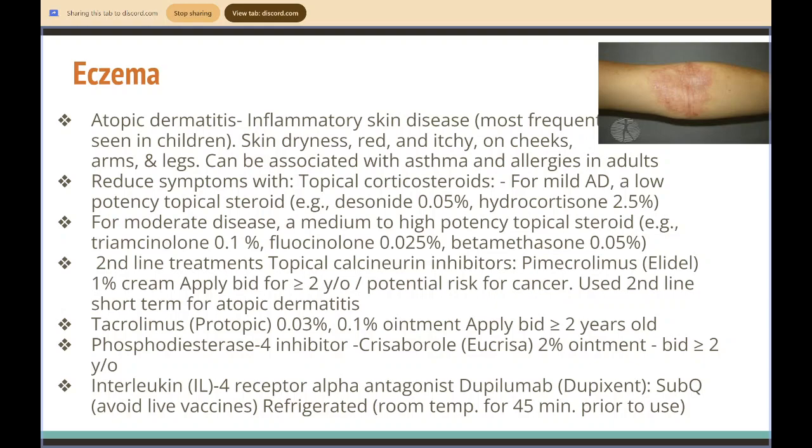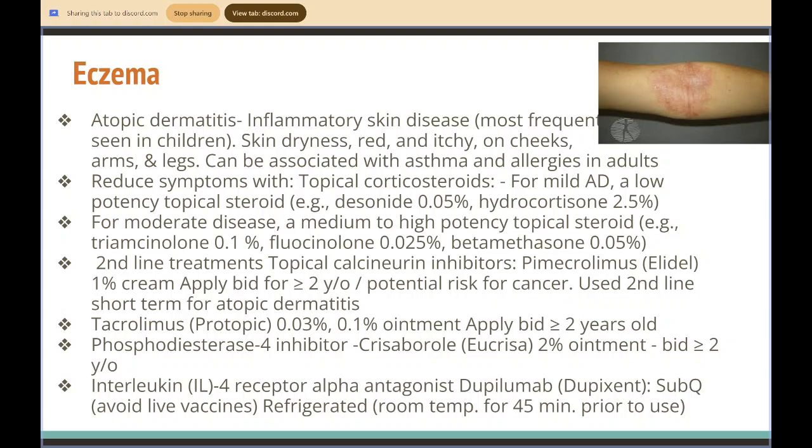There is a potential risk for cancer with calcineurin inhibitors. And for second line, we're going to use them short term. Tacrolimus, the brand name is Protopic, is going to be 0.03%, and it's also available in a 0.1% ointment applied BID greater than 2 years of age.